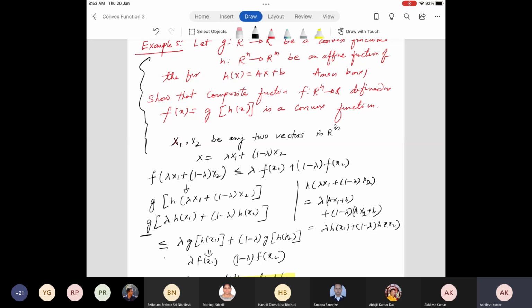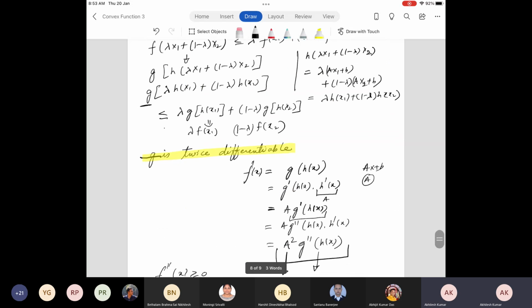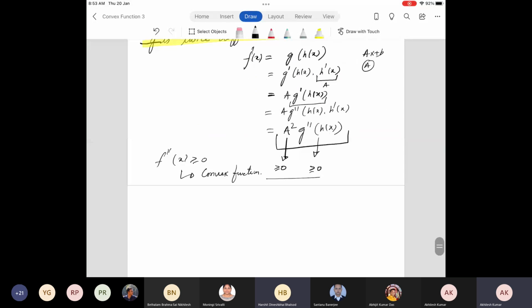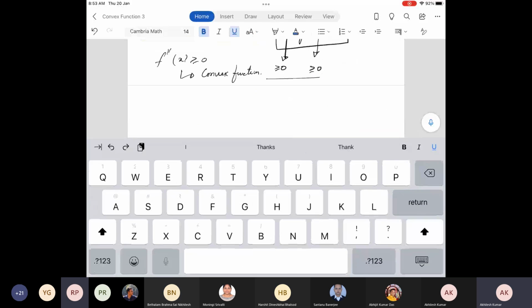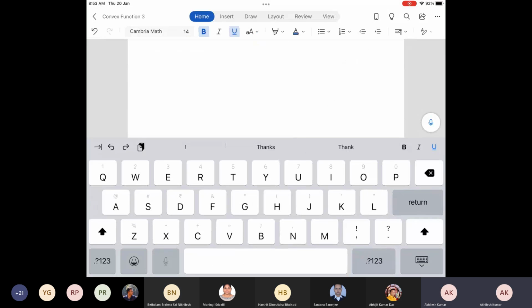Unless the problem states that it is differentiable or twice differentiable, only then can we use what I have done in the later part. Otherwise, we have to proceed the way we prove Jensen's inequality. Is this clear, guys? Yes, sir.